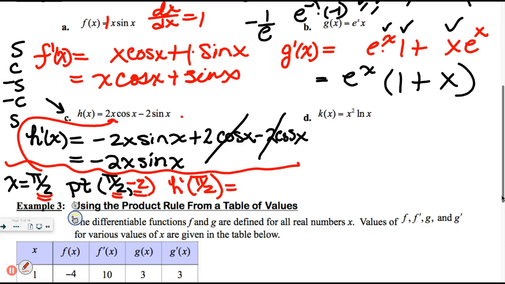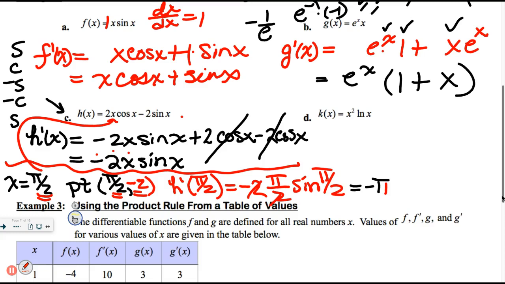Well, I plug it in. It's a -2 times pi over 2 sine pi over 2. So it looks like it's a -pi times, and sine of pi over 2 is 1. So it looks like it's -pi.